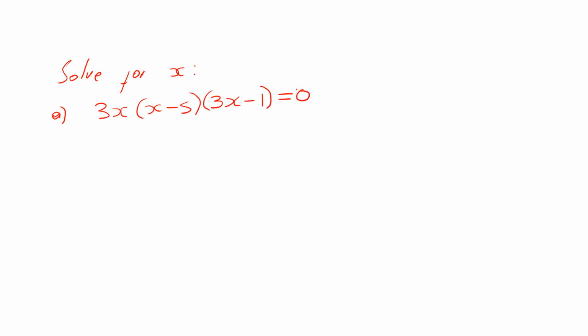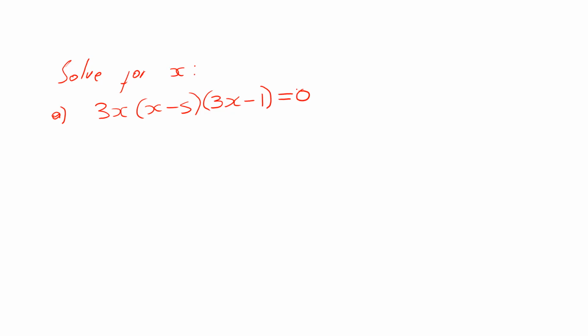Already these factors are equal to 0. All you need to do is just to take each vector and equate it to 0, because if you have vectors multiplied and their product is 0, then one of these vectors must be equal to 0, because the only way you can have a product of 0 is when one of the vectors is equal to 0.